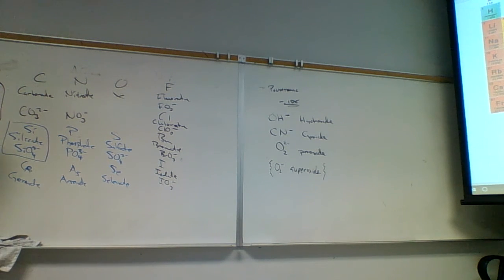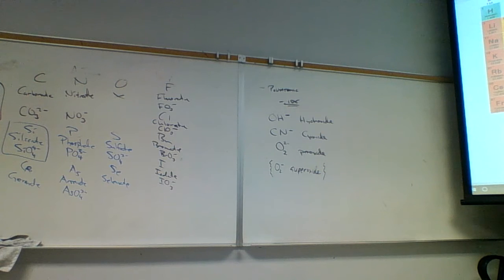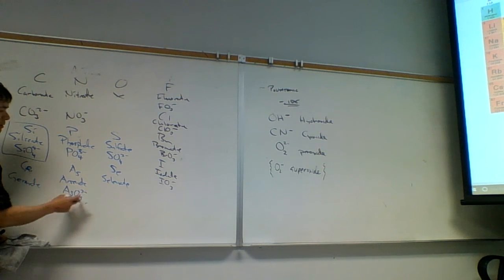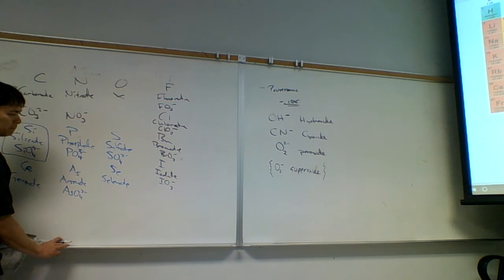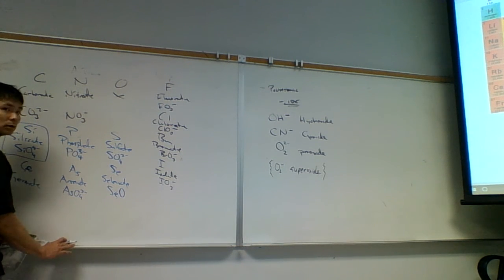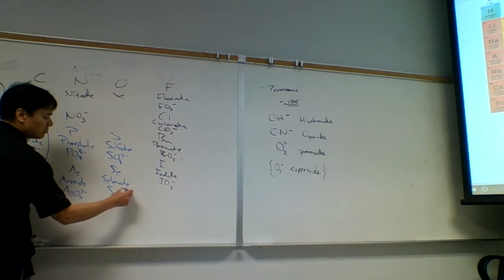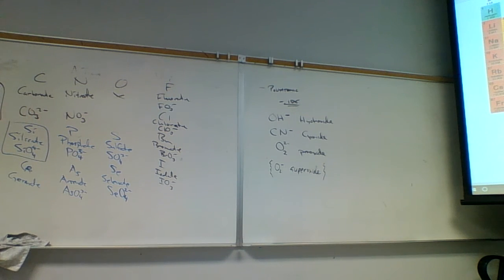Well, it turns out that arsenate is AsO4 3 minus. It's the same. Well, if arsenate's like that, what do you think selenate is? SeO4 2 minus is correct.